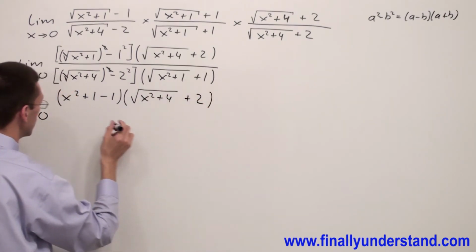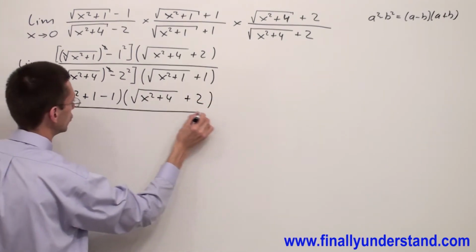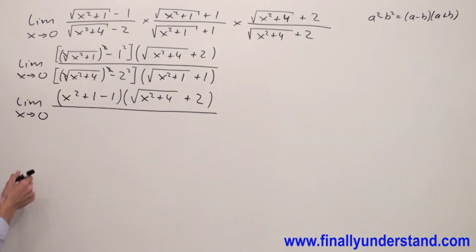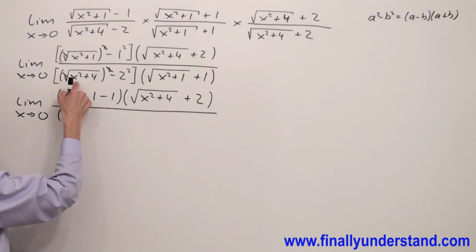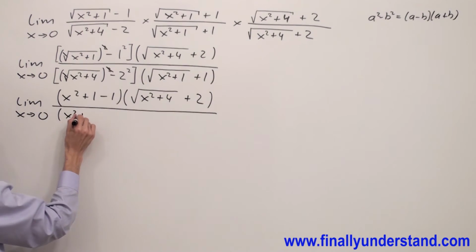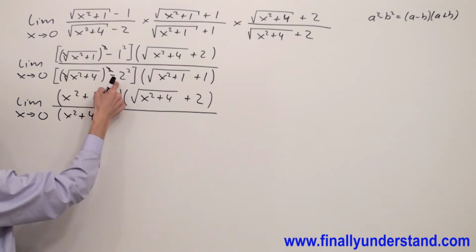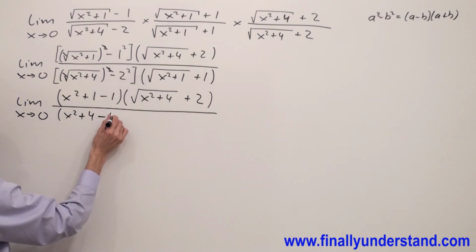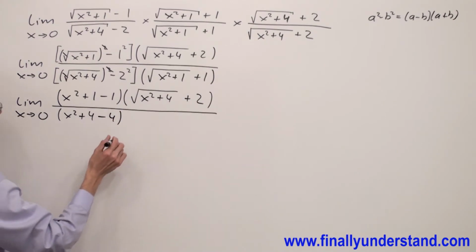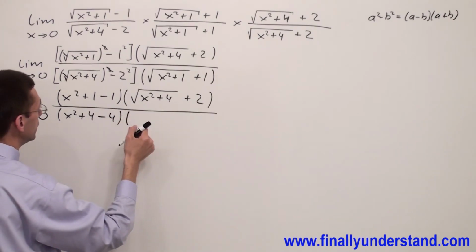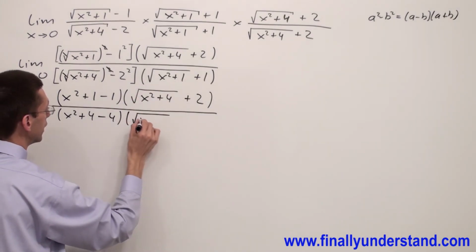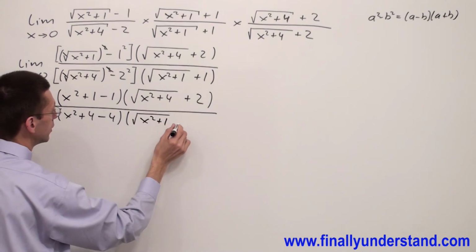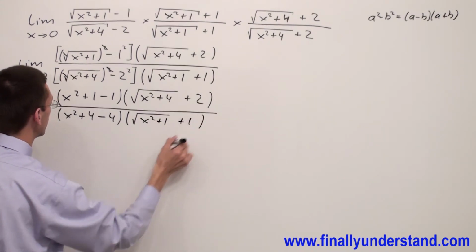I'm doing everything step by step, just to make sure that everybody is going to see what's going on. And I have x squared plus 4, 2 to the second power is 4, minus 4. In the denominator, I'm going to have also whatever is left, square root of x squared plus 1 plus 1.